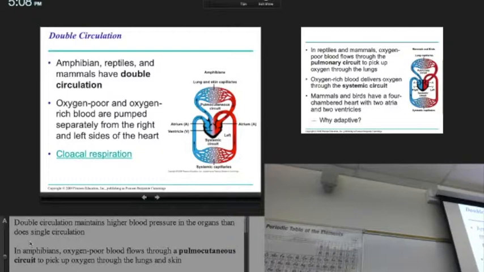So this is the left, even though to you looking at it, it looks like the right. So always pretend you're the animal. Okay, so we've got a left atrium and a right atrium. But in amphibians, we have just one ventricle. So we don't have a four-chambered heart. It's actually a three-chambered heart.